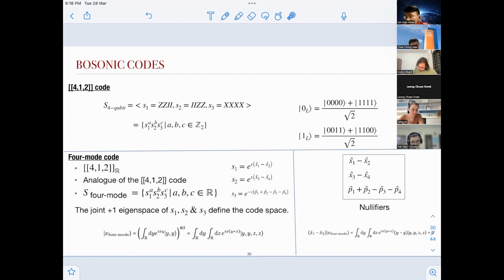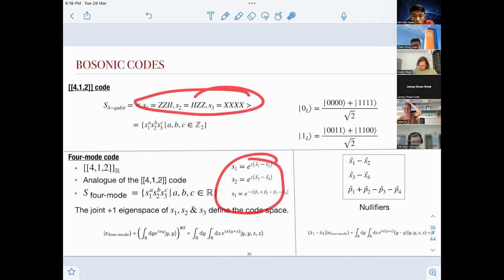You can see it's very similar. S1 is x1 cap minus x2 cap, like Z acting here, and this is the position at x3, x4, like Z3, Z4, and then you have P1, P2, P3, P4 like x1, x2, x3, x4. So there is a bit of similarity here and here.